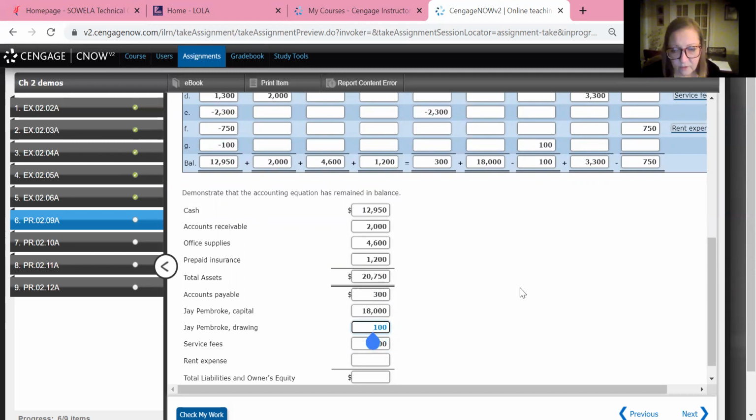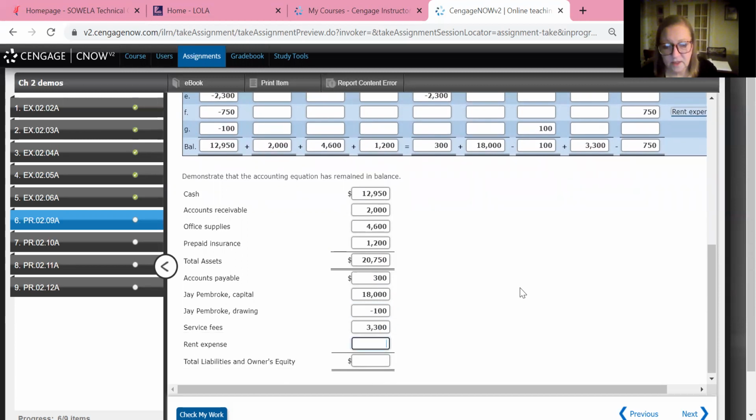Drawing account's a negative when you think of it as is included in the claims group or the equity adjustment. And then the expenses, also a negative when you're considering its impact on capital. So then I can add up everything on the claim side, which starts with the accounts payable, 300 plus 18,000 minus 100 plus 3,300 minus 750. I should come to that same exact 20,750.